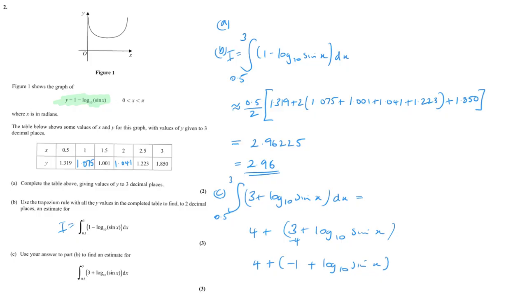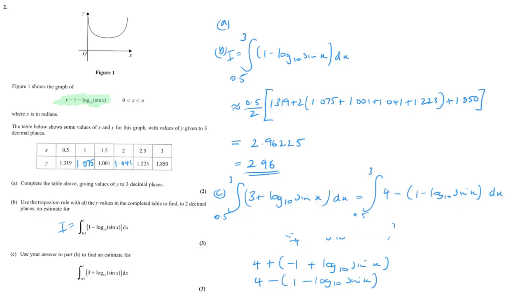And then, because I've just taken away 4 from here and added 4 there, I'm going to take out minus 1 outside the brackets. So 4 minus 1 minus log 10 sine x. So that's another way of looking at it. But either way, we get that this is equivalent to 4 minus 1 minus log 10 sine x dx.